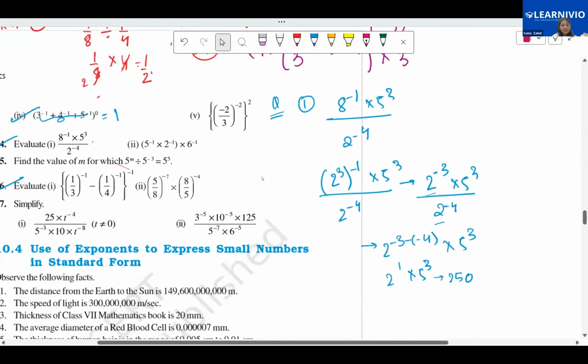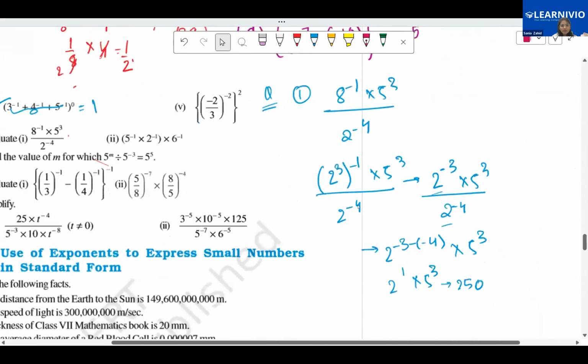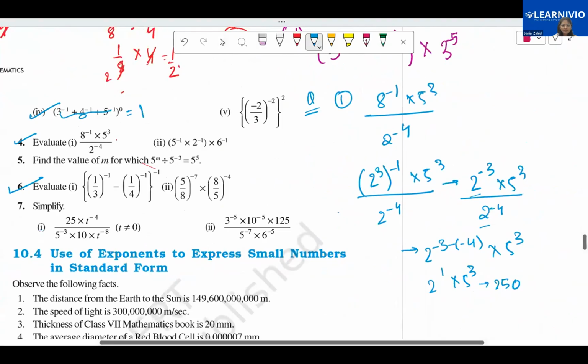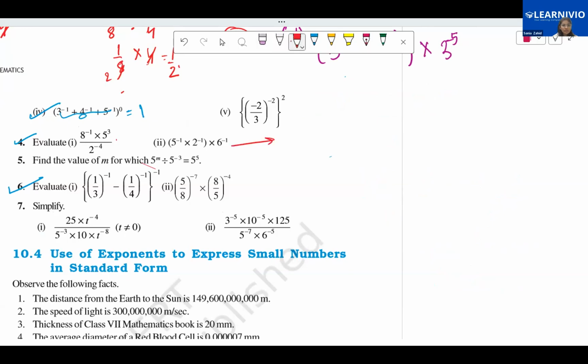So your first answer will be 250 and the second answer will be 5 to the power minus 1. One minute. So 5 to the power minus 1 into 2 to the power minus 1 into 6 to the power minus 1.